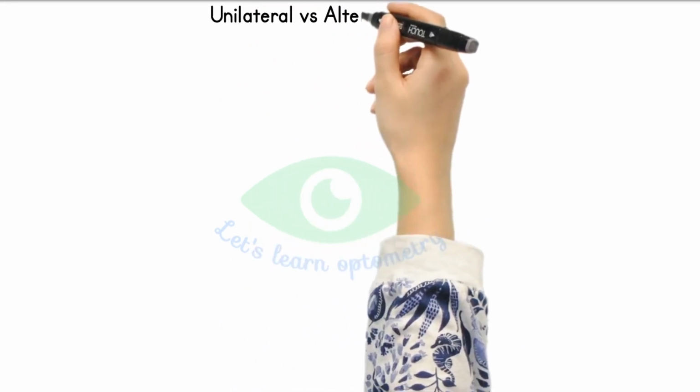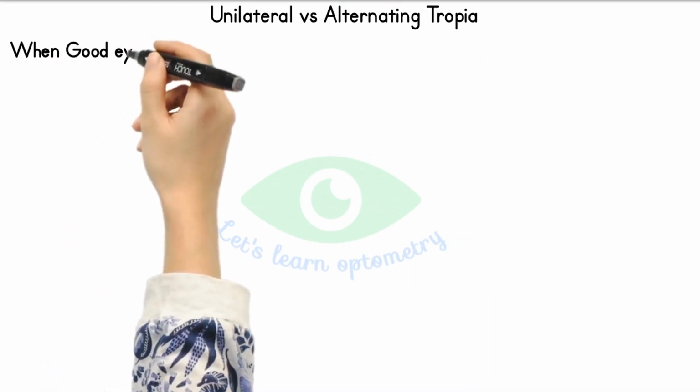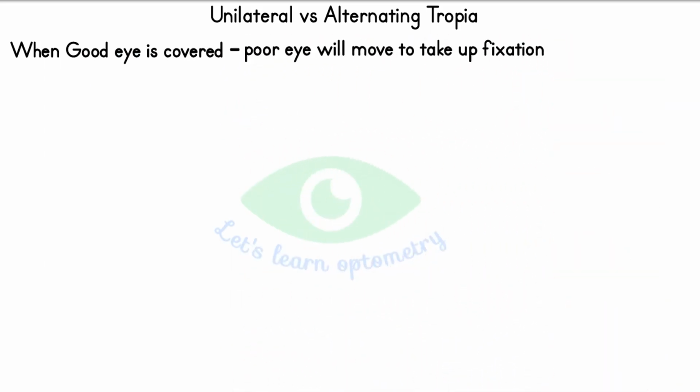After confirming the presence and the direction of the tropia, we have to check whether the tropia is unilateral or alternating. For easy understanding, I use the term good eye for non-strabismic eye and poor eye for the strabismic eye. When the good eye is covered, the poor eye will move to take up fixation.